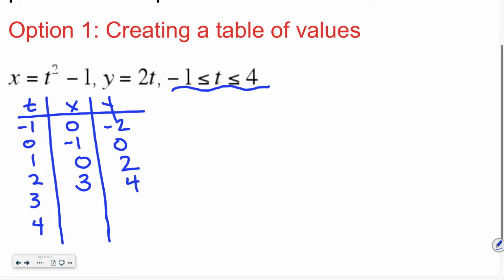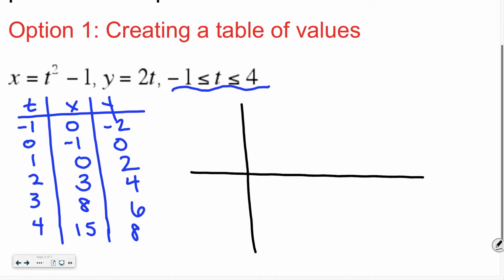When we plug in 3, 8, 6. And when we plug in 4, 15, 8.